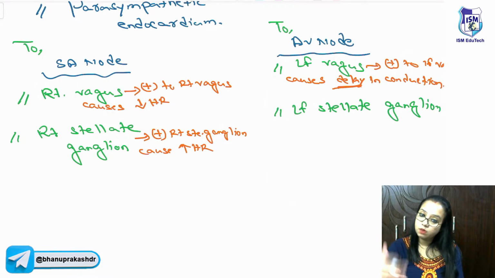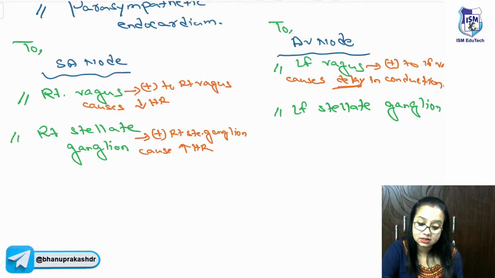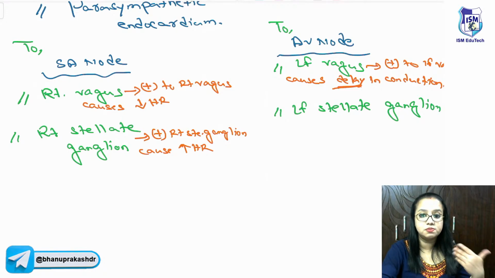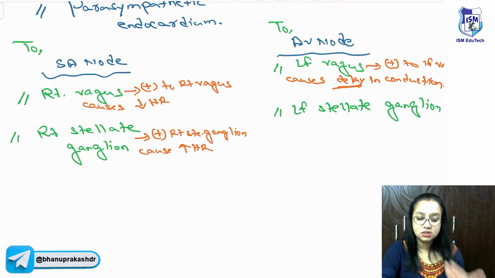Okay. If the opposite happens, if the sympathetic innervation is stimulated, sympathetic innervation always increases parameters. Increases parameters means heart rate will increase, conductivity will increase, excitability will increase. All these cardiac functions will increase when sympathetic innervation is stimulated.